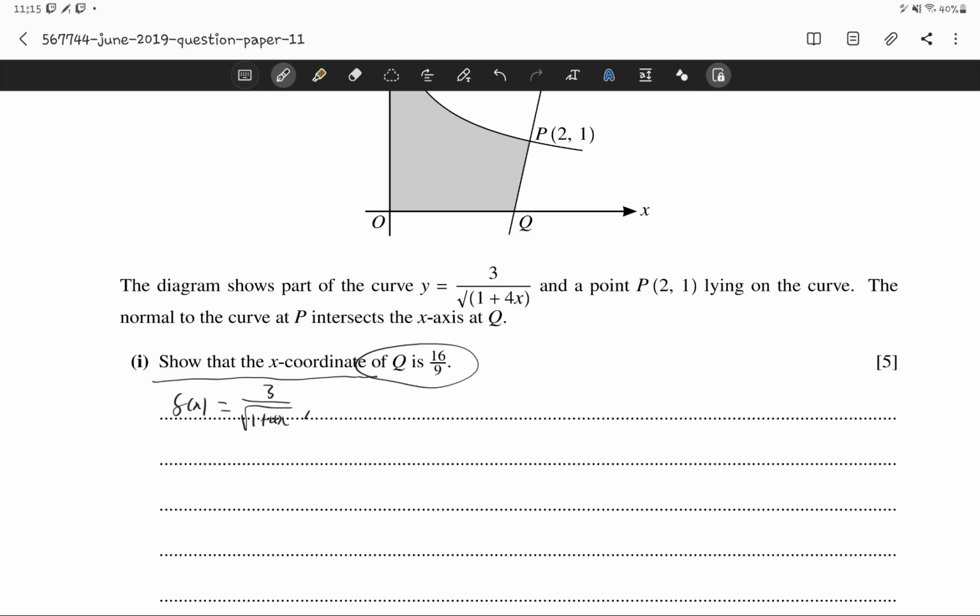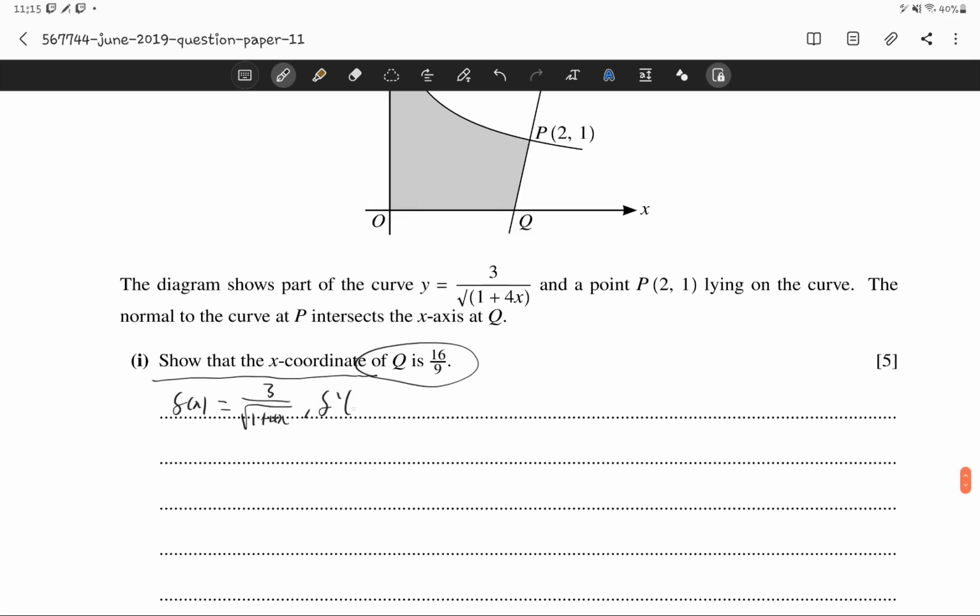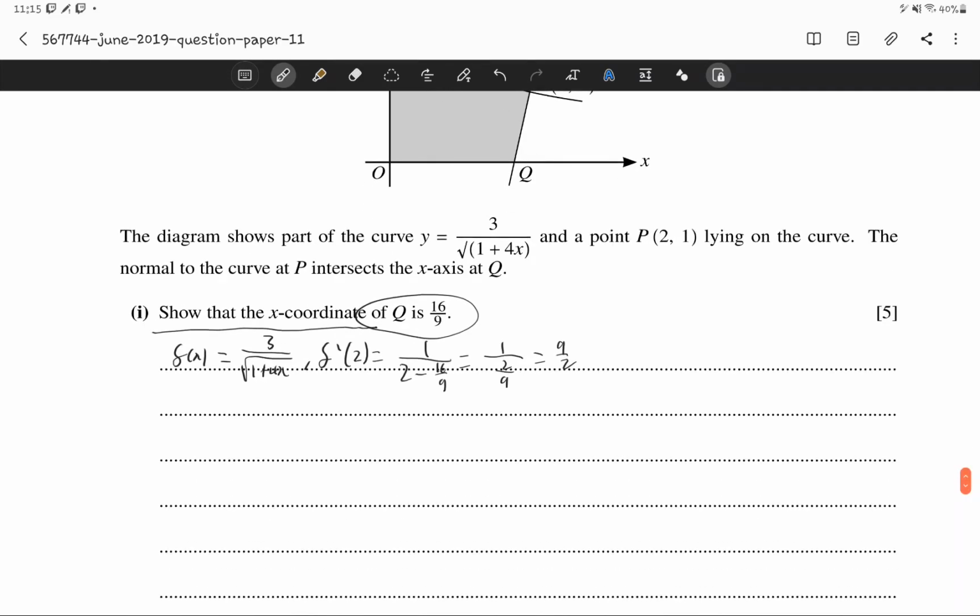And let's say just f prime 2 equals 2 minus 16 over 9. And there's 1 equals 1, 2. So 9 over 2. Let's just say that.